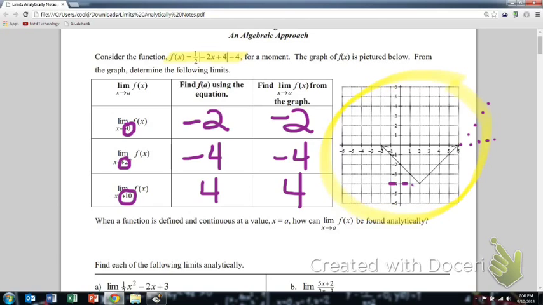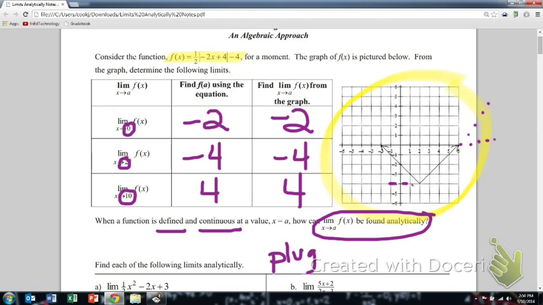So when a function is defined, meaning it doesn't have any holes or asymptotes, and continuous, again no holes or breaks or asymptotes, then you can find the limit by just plugging this value into the function.